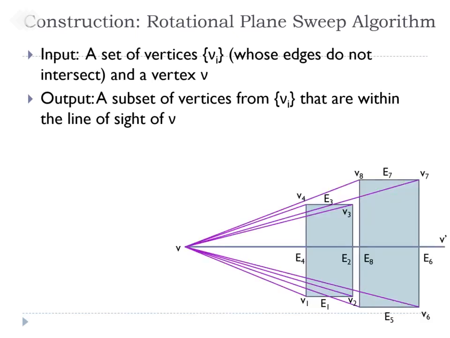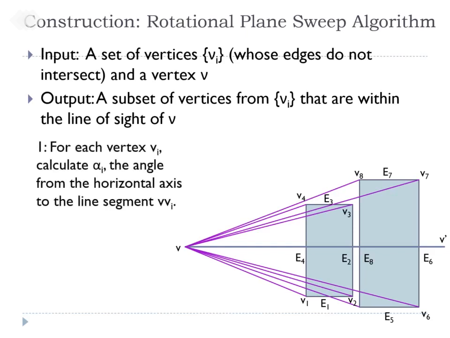So this is a scenario where we have two obstacles, and each of these obstacles is having four edges, and the current location is V. VV prime is the horizontal line where we have the current line of sight. For each vertex Vi, we calculate the angle alpha i, the angle from the horizontal axis to the line segment VVi. So for example, for V3, we are calculating the angle between VV3 and VV prime, the horizontal line.